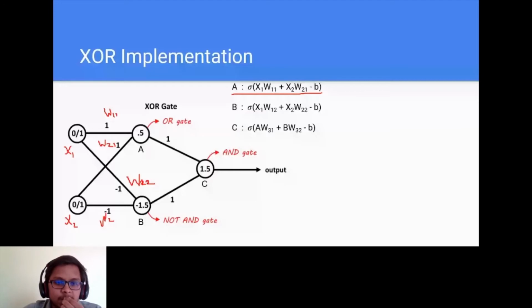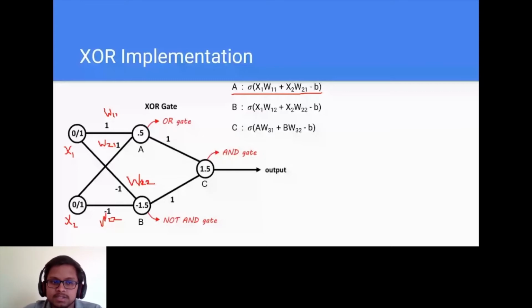Just so that we are on the same page, this output A that we are getting over here would be the sigmoid of X1 into W1, its weight, that is 1. And the bias, that is 0.5, is something that we will subtract from the addition of these two, that is X1 W1 plus X2 W2, minus the bias B. So what output is this giving us?